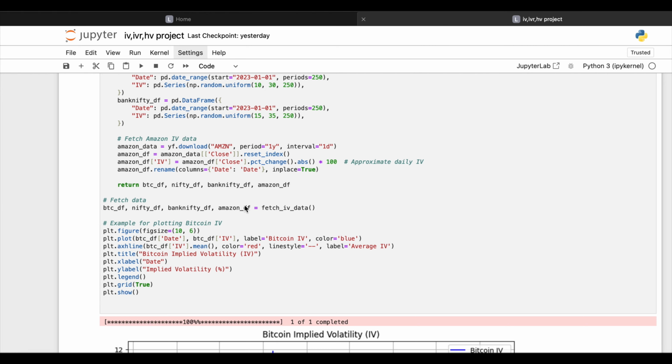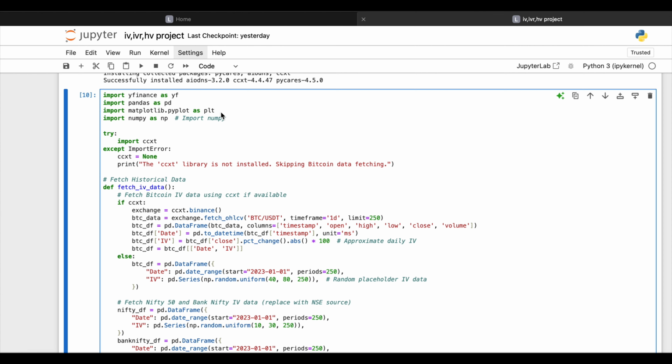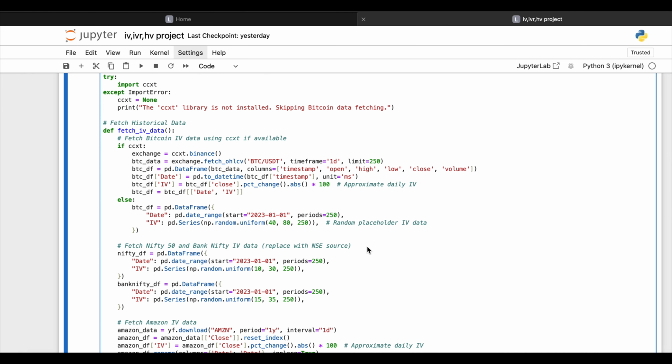Now Bitcoin. I am going to calculate for Bitcoin. Same thing: I have taken the data from Y Finance. I have taken the historical data, and for Bitcoin you will get all the values from the CCXT exchange. I will give the code in the description also.